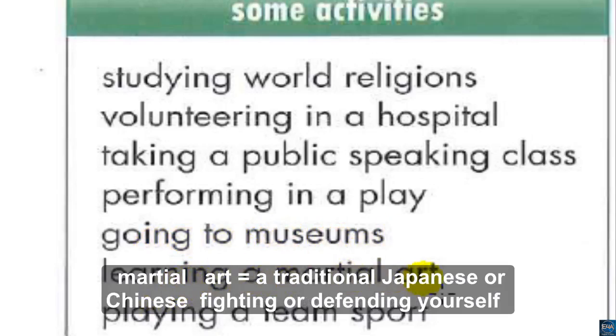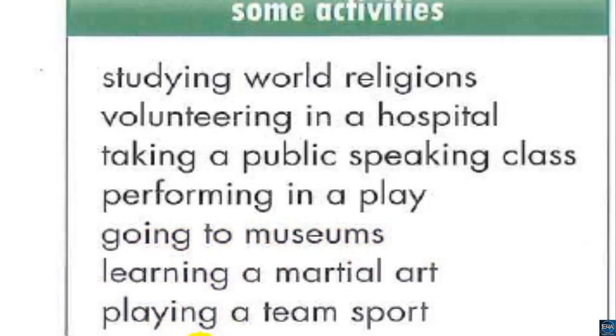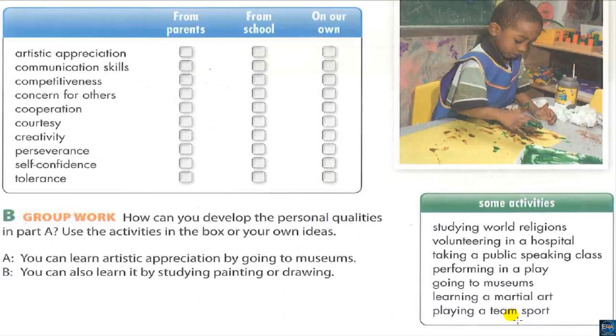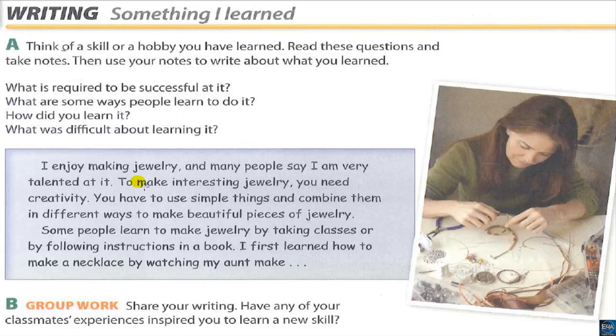Going to museums. To go to museums. Art galleries. Learning a martial art. Playing a team sport. To play a team sport, such as football, soccer. So, this is of course group work. You can have your own suggestions from these activities.